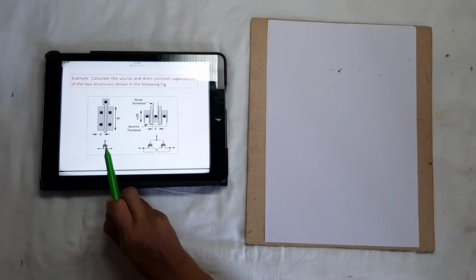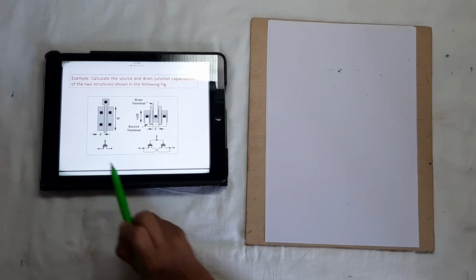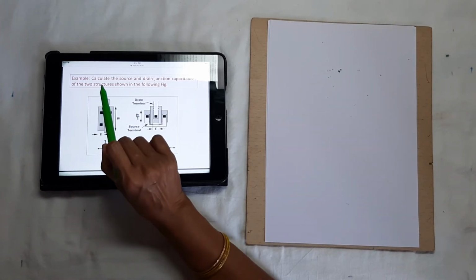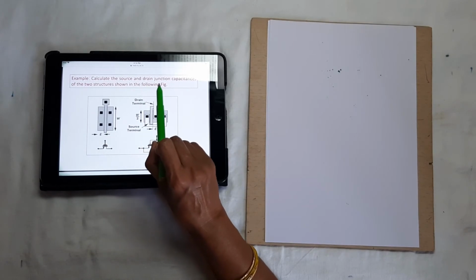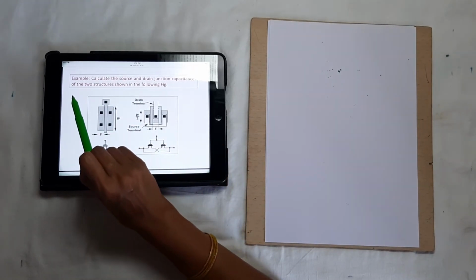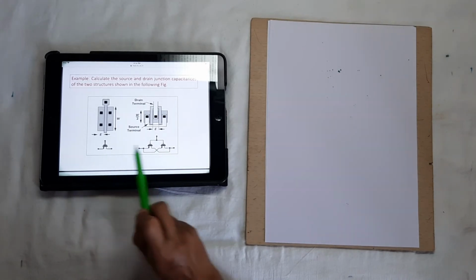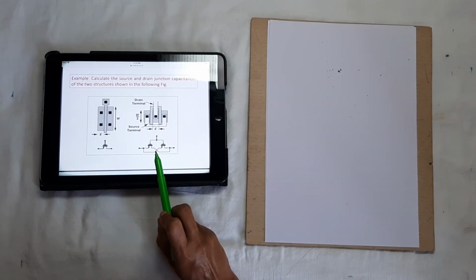What we have here? A single N transistor and two N transistors. The problem statement says, calculate the source and the drain junction capacitances of the two structures shown in the following figure. This is one structure and this is the other structure.